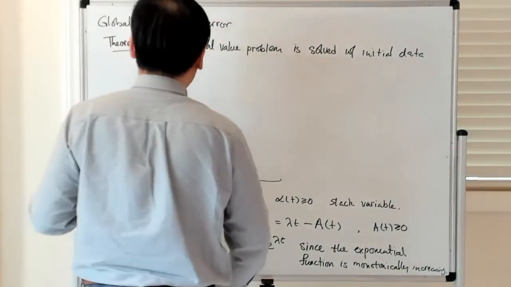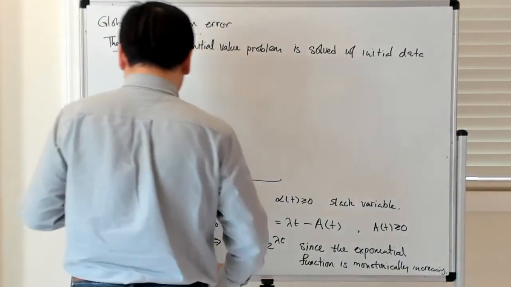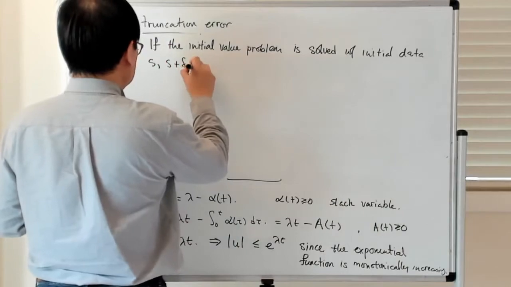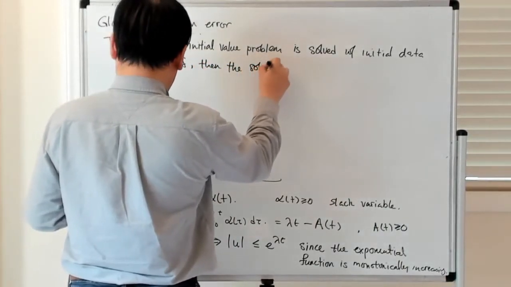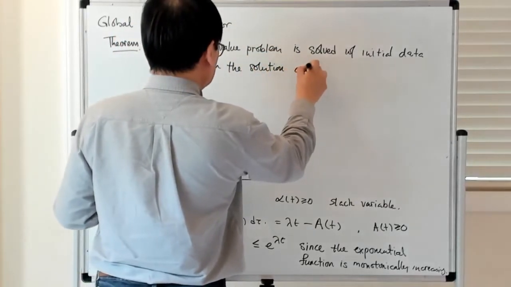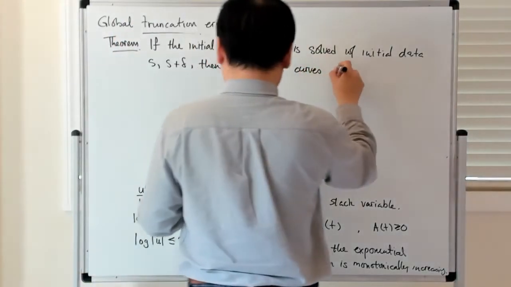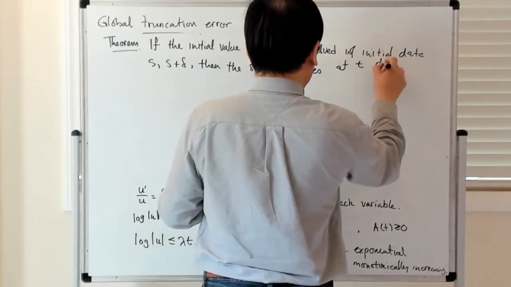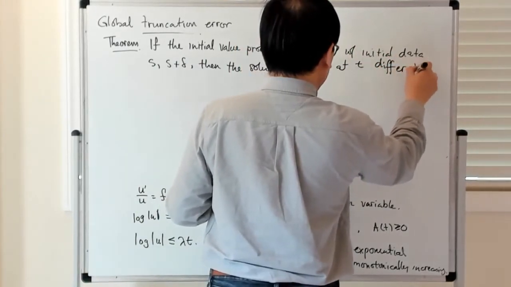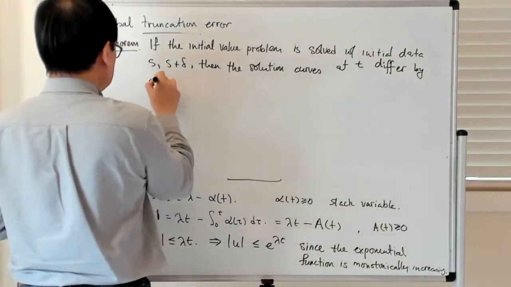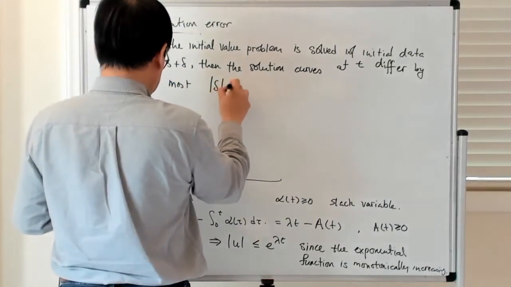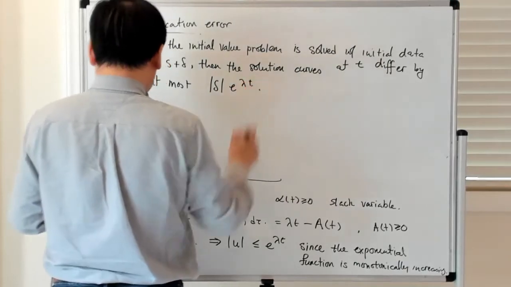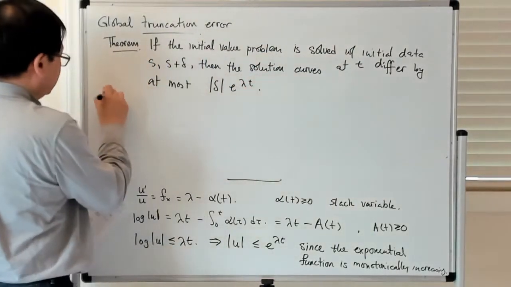Then the solution curves at a later time differ by at most absolute value of delta times e to the lambda t. Okay, and the proof is quite straightforward.